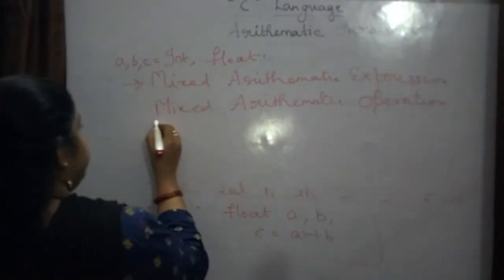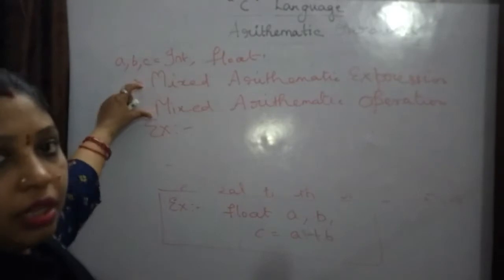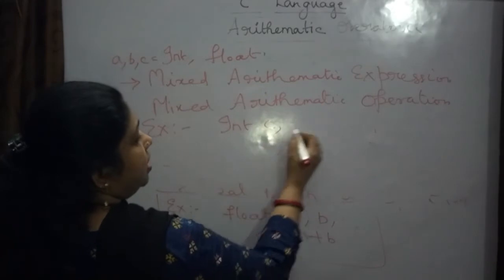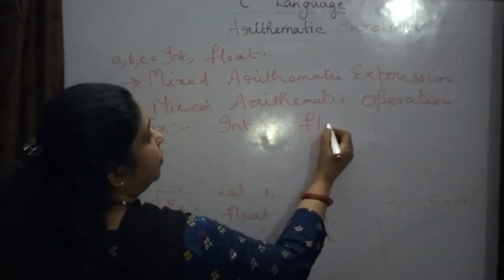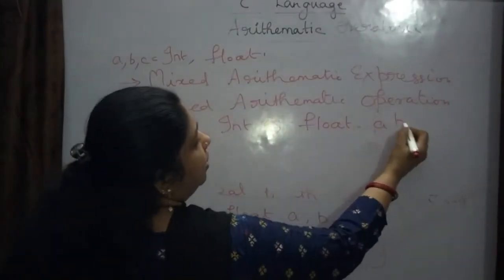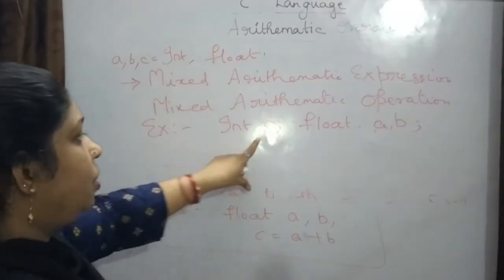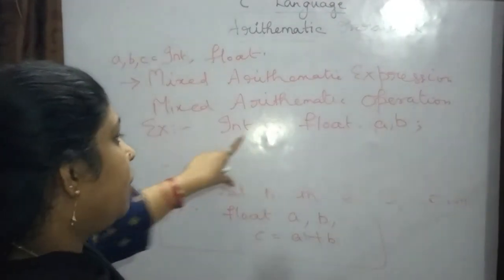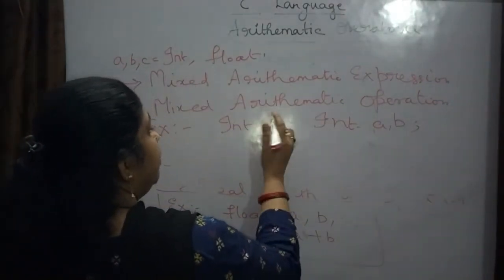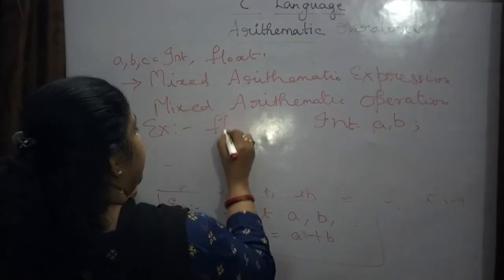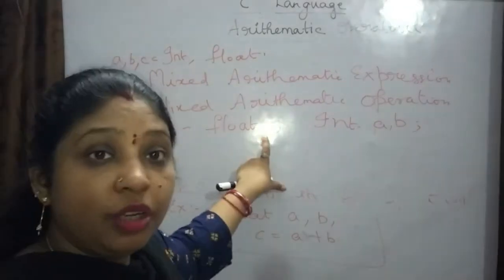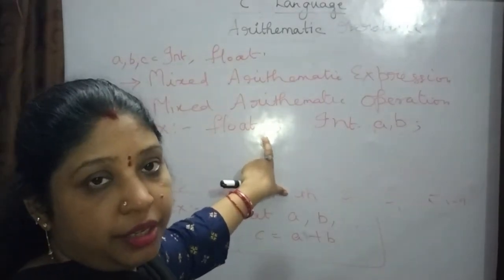For example, I'm giving an example for a mixed arithmetic expression: int A, B and float C. That means one variable you are using as float, and the others as integer, because if you store the A plus B answer in C, you may get it with decimal points.